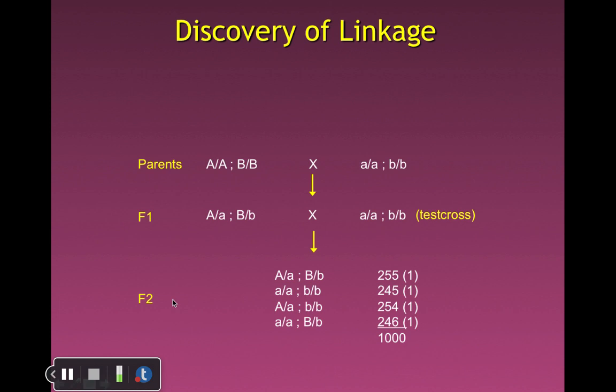With 1,000 total offspring, you'd expect 250 of each genotype. And of course, you could do a chi-square test just to confirm that, yes, indeed, this is close enough to that ratio. So again, you'd say that matches the hypothesis that these two genes, A and B, assort independently of each other.